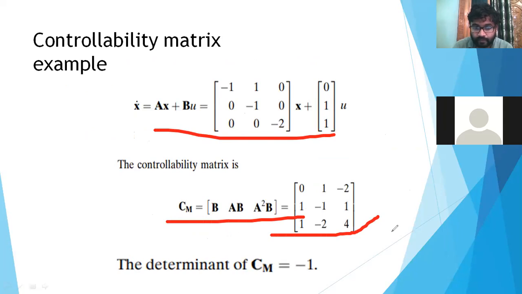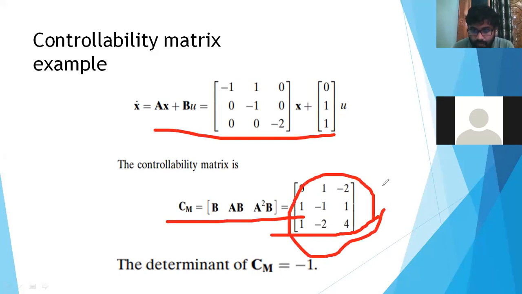What is the rank of this matrix? That is the number of non-zero rows. Number of non-zero rows are 1, 2, 3. So this is a non-zero row. You can say a row is a zero row only when all the elements are zeros.